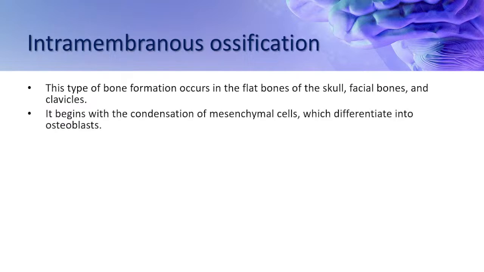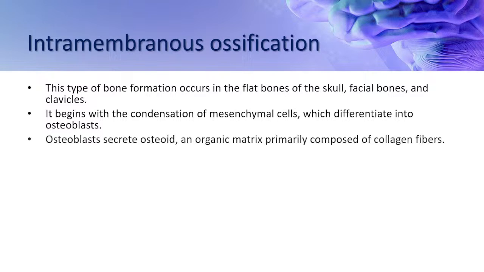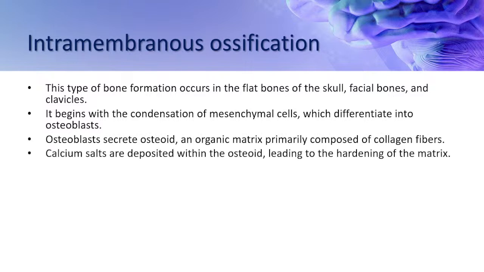Also, it begins with the condensation of the mesenchymal cells, which differentiate into osteoblasts. The osteoblasts secrete osteoid, an organic matrix primarily composed of collagen fibers. Calcium salts are deposited within the osteoid, leading to a hardening of the matrix.